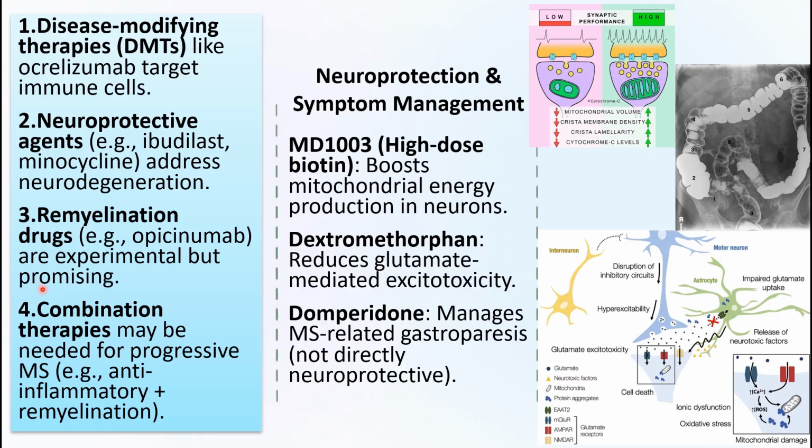The remyelination drugs could include OPCNumab, and it's still being studied, and combination therapies can be used to treat progressive multiple sclerosis and focus on inflammation as well as remyelination. And these are a few drugs as well, like high dose biotin. It boosts the mitochondrial energy, and the other two types as listed over here.